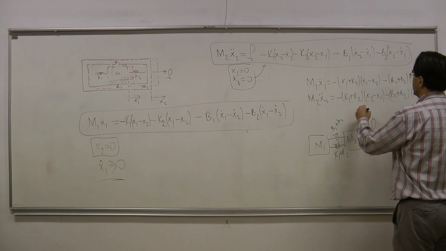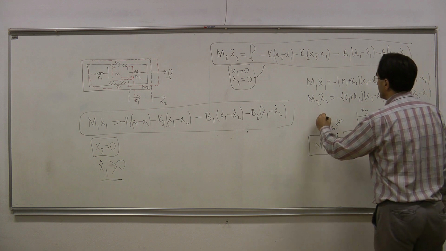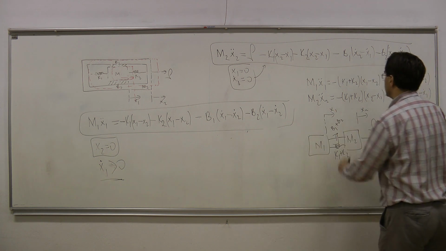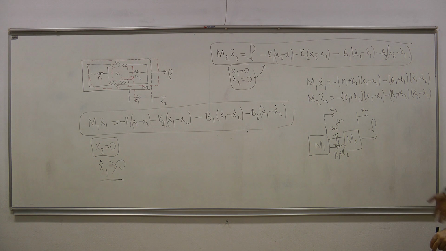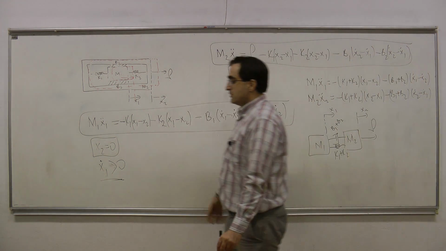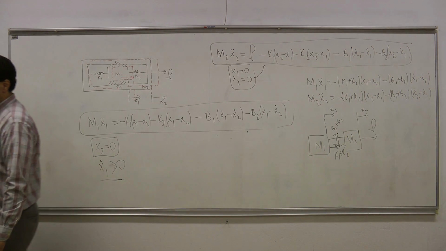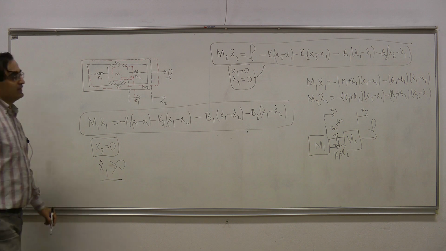In this case, this is the displacement of x2, and this is the displacement of x1. If I have such a system, I would get exactly the same equations as this more complicated system here. Okay?